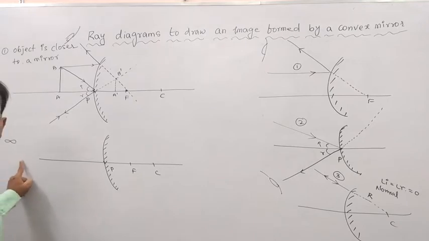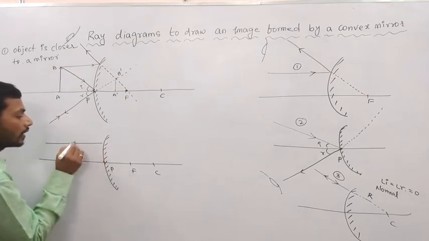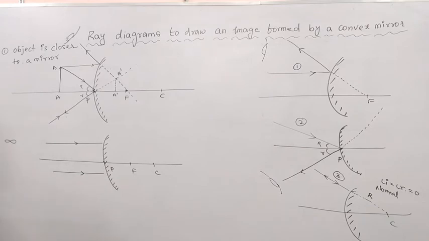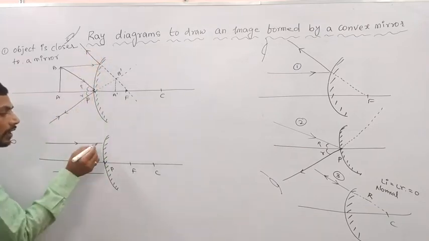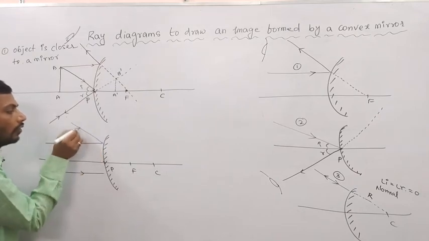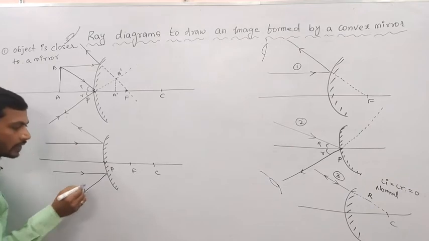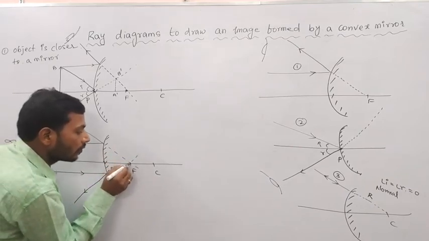So when the object is at infinity, we already know the incident rays come parallel to the principal axis. Just as in the previous case, these two rays get reflected, and if you imagine the two rays, they are going to meet at the focus.